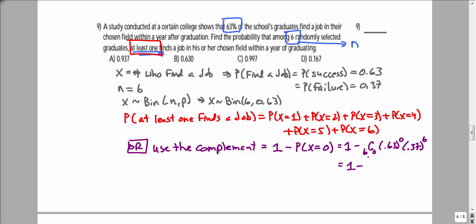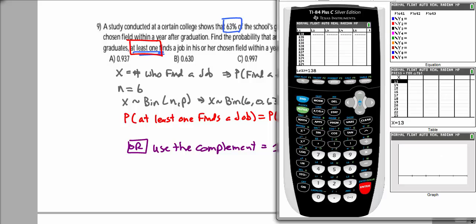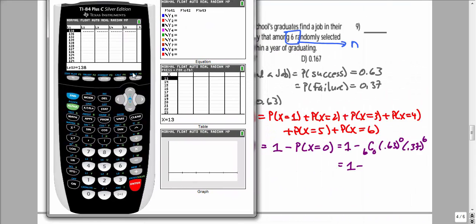Okay, so let's go ahead and grab our calculator and let's figure out what that binomial probability is. I'm going to quit out of here. Okay, so for my combination I need a 6, and my combination key is under math probability. And we can see our combination is the third one down here. So I'm going to have 6 choose 0. And I'm just going to do all these right away.